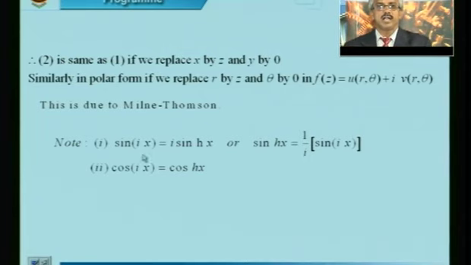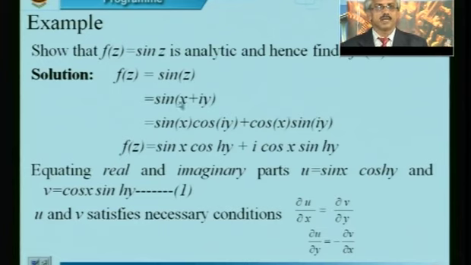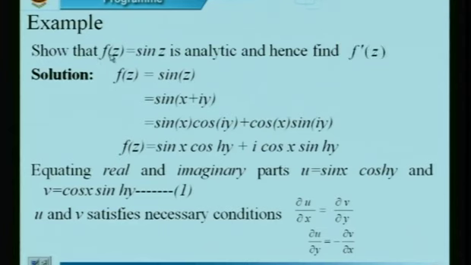One of them is sin(ix) equals i sinh x, or sinh x equals 1 by i sin(ix), and cos(ix) equals cosh x. Using these properties, I considered this example: show that f(z) equals sin z is analytic and hence find its derivative.